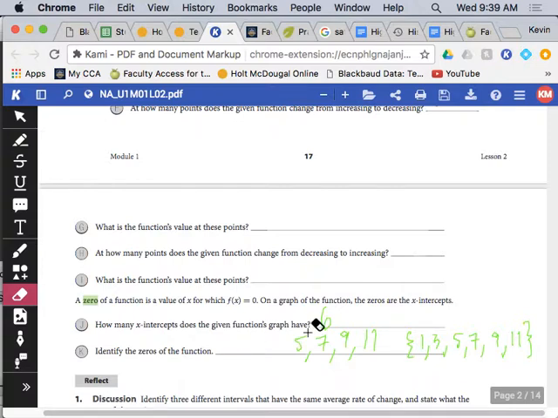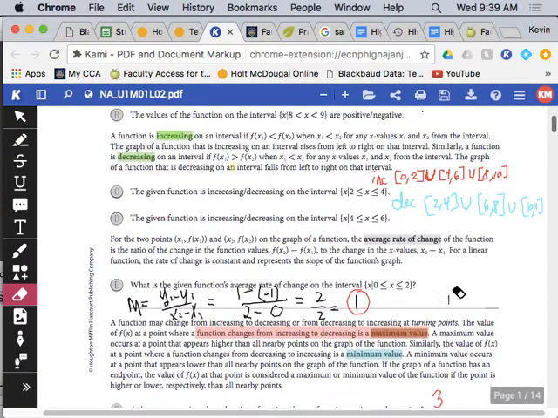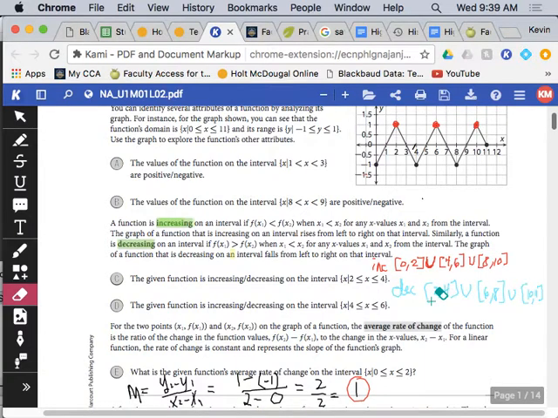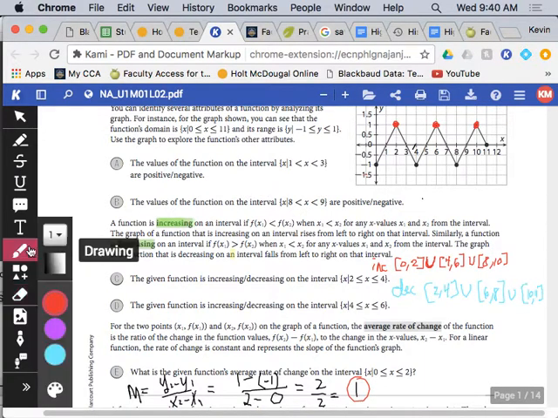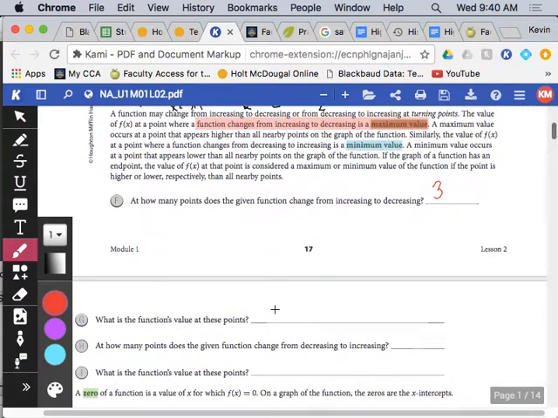If I'm asking the value of the function, what does that mean? The x values or the y values? Class? Y values. So what are the y values at those points? 1. They're all 1. So the answer to that is simply 1.